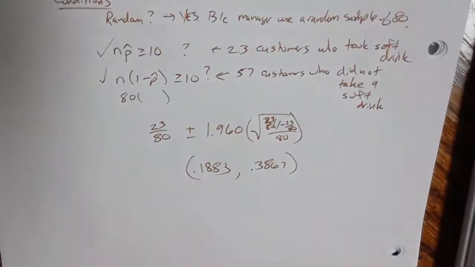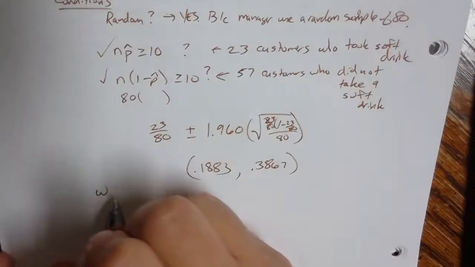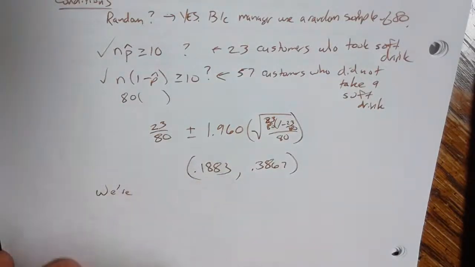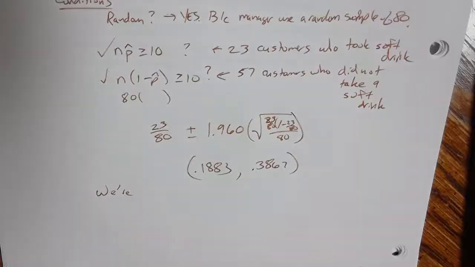Alright, so now we're ready to interpret. We've got our two endpoints here, and interpretations for these. We're going to use some similar form, but we always have to make sure we put it in context here.